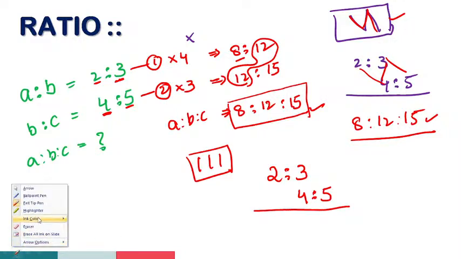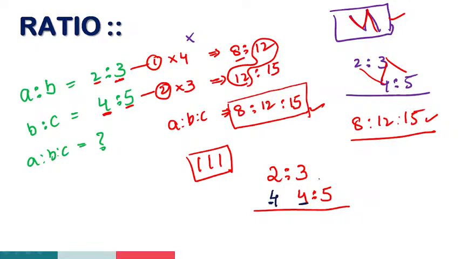We have to find out the a is to b is to c values guys here. Right, there is a gap here, note the value in that gap here. Again there is a gap here, note that value here. First line 2 4s are 8, second line 3 4s are 12, third line 3 5s are 15. Then answer is 8 is to 12 is to 15. So the problem can be solved like this also.